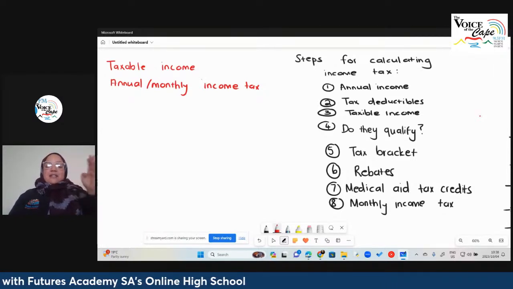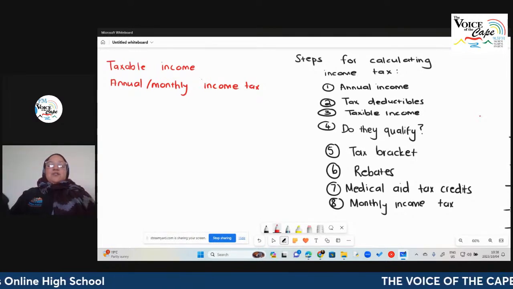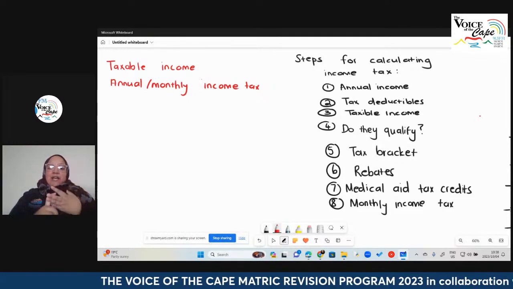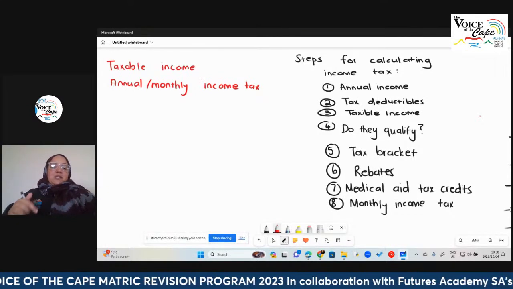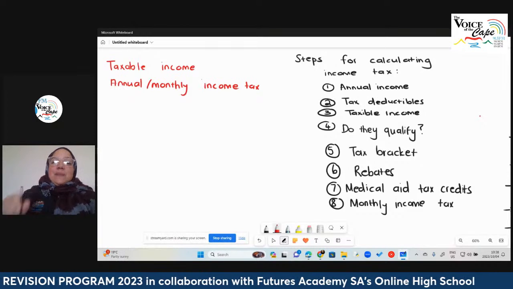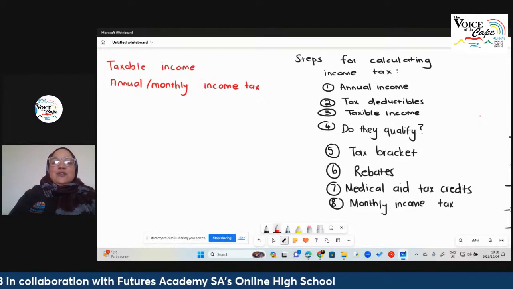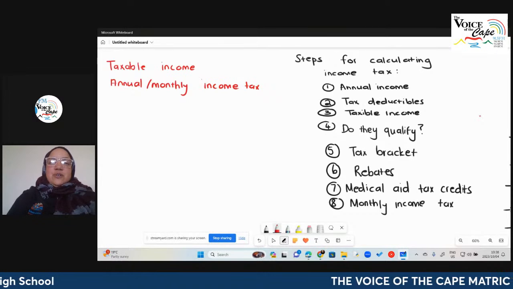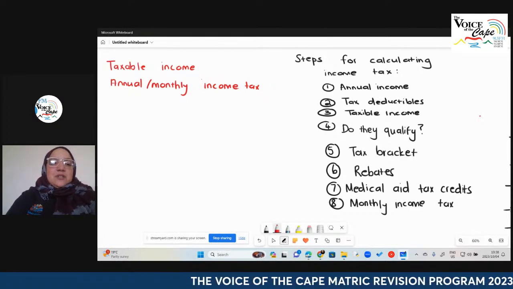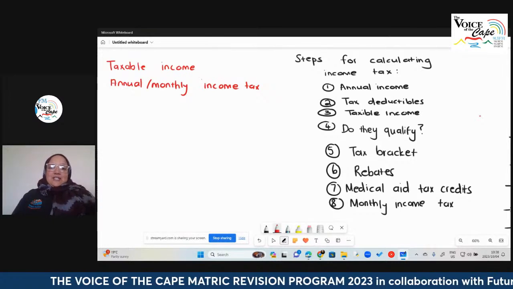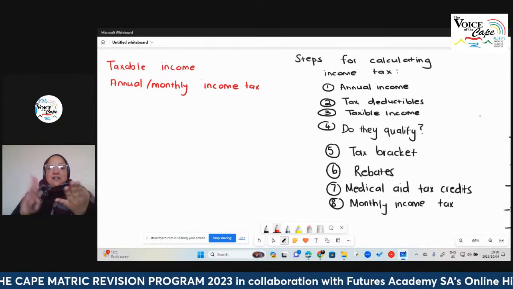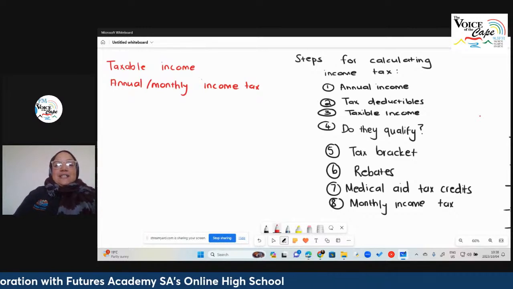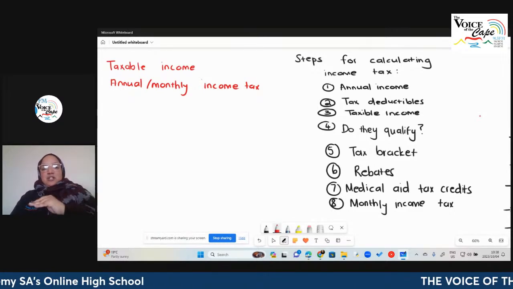This means that you calculate your annual income and subtract the non-taxable deductions from it, things like donations and pension and UIF. And then annual or monthly income tax is the amount of money that you are paying to SARS. That is your actual tax, calculated using the steps I'm going to show you now. Make sure you understand the difference, because if they ask you to calculate your taxable income, it would just be your annual income minus your pension, minus your charity, minus your UIF. But if they ask you for your annual or monthly income tax, we have to use this whole setup that I'm going to show you now.